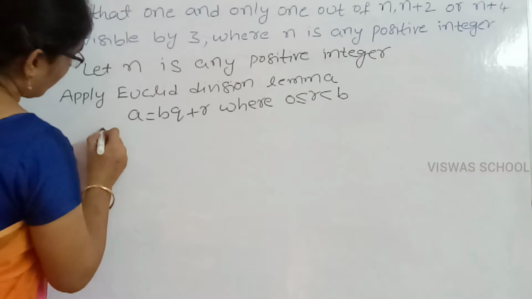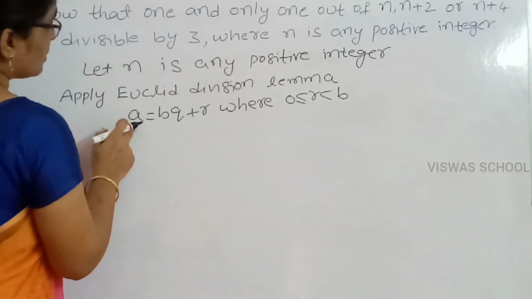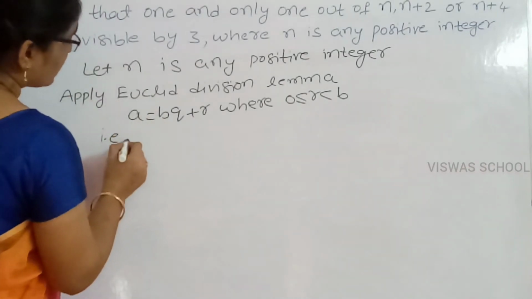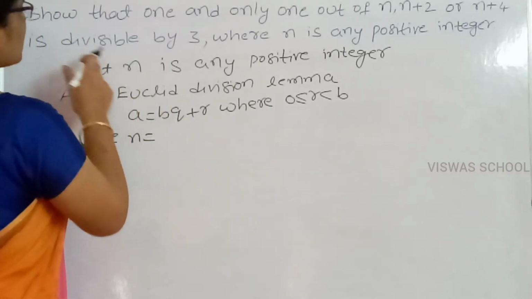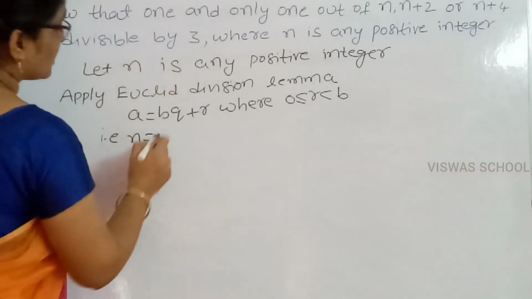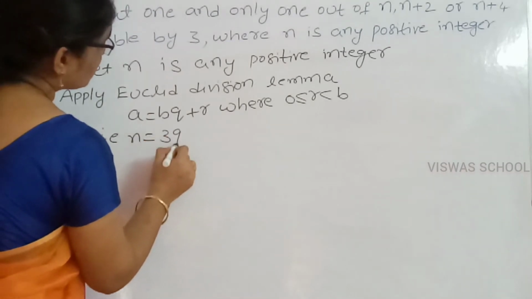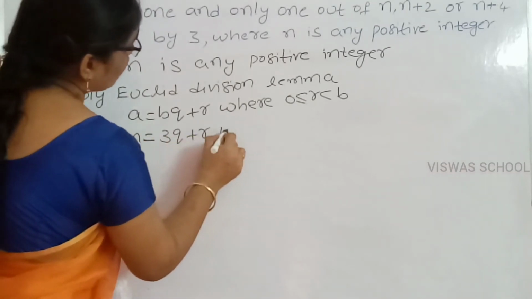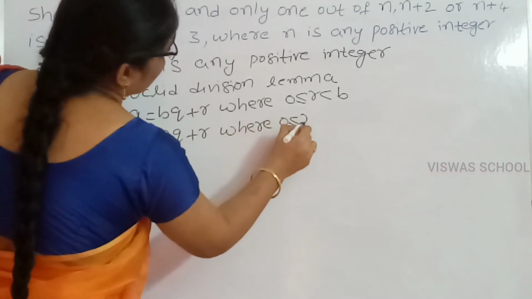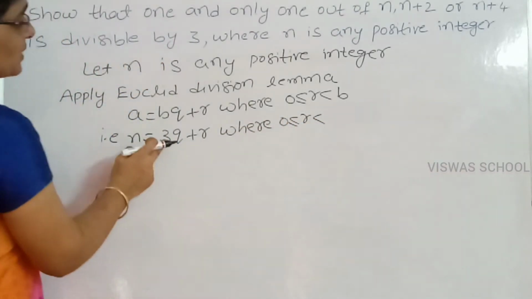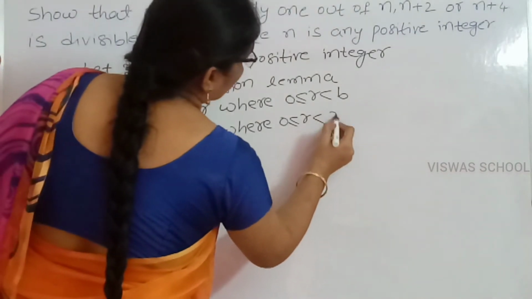Here, in a's place the value is n. n equals 3q plus r, where 0 is less than or equal to r is less than b, and b value is 3.